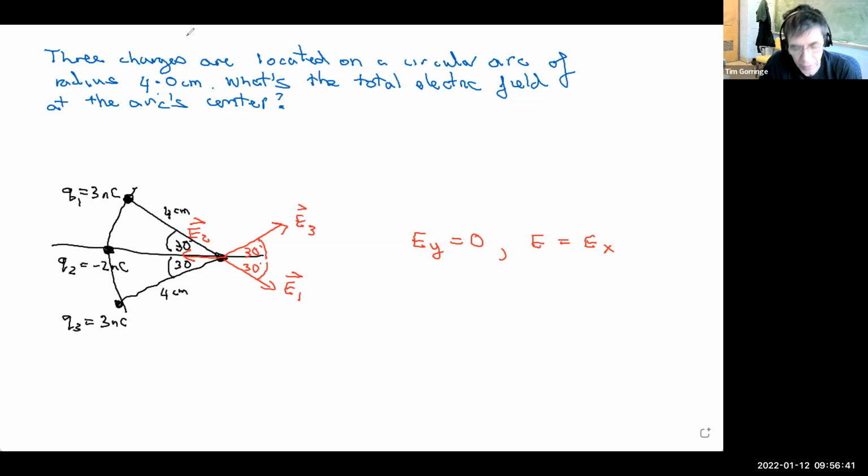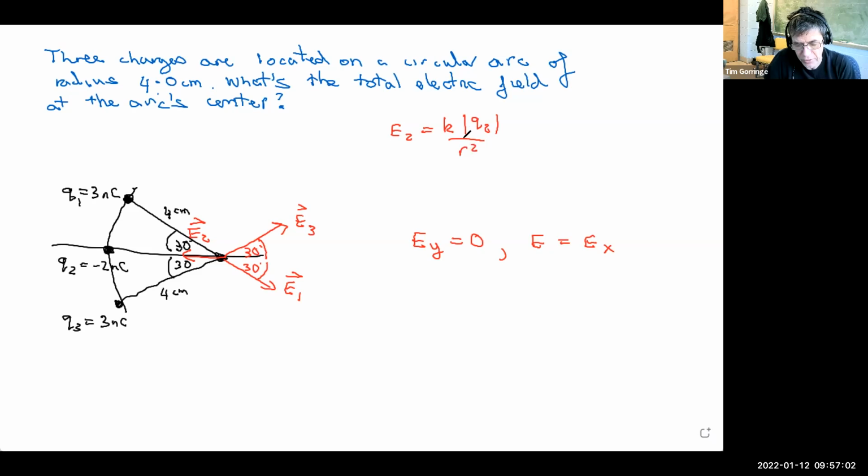So let's start by calculating the strength of the electric field of charge number 2. That's E2, and by Coulomb's law, it's the Coulomb constant times the magnitude of the charge divided by the square of the distance from the charge.